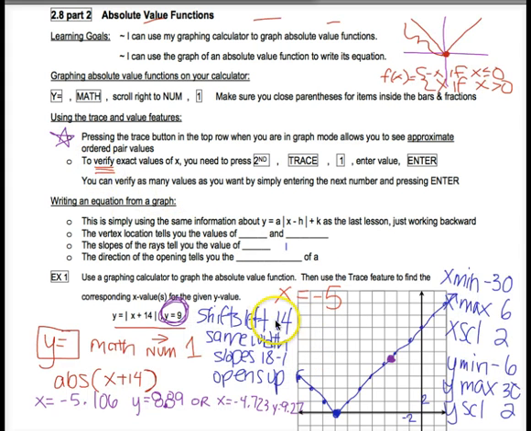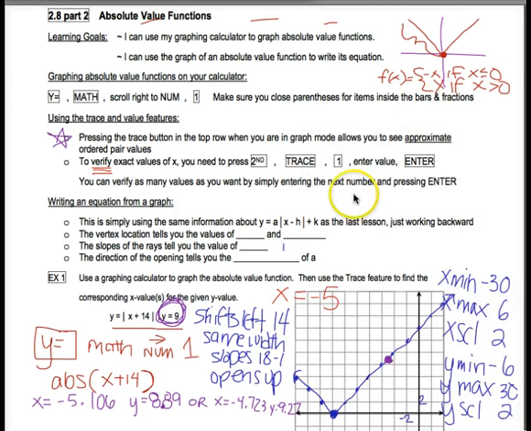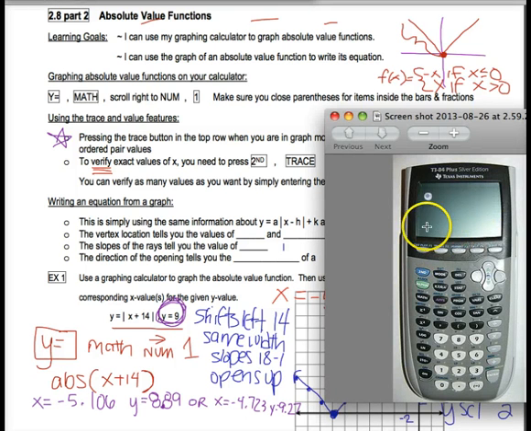To verify the exact value of x, you're going to press the second button, this one, then press trace again. So second trace, and then you want to choose choice 1 because that says value. When you do that, you should have, at the bottom of your graph, x equals and then a blank blinking cursor.